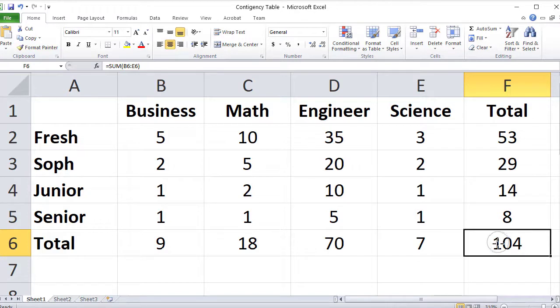In that classroom, we have these four majors: some students are business majors, some are math majors, some are engineering majors, and some are science majors. And furthermore, we're looking at different class ranks here: freshmen, sophomores, juniors, and seniors. That all makes up a total of 104 students.